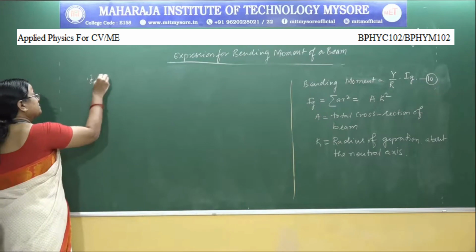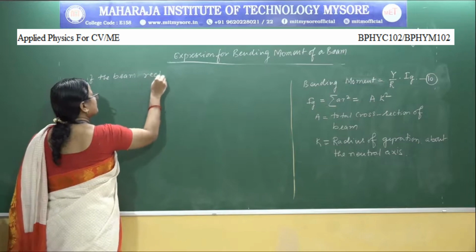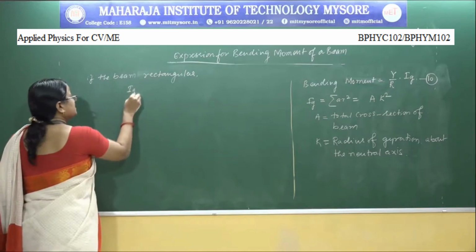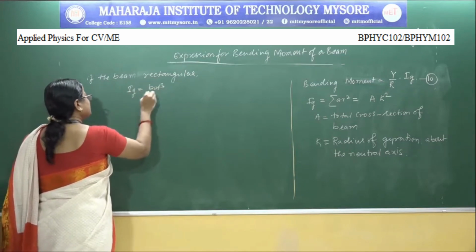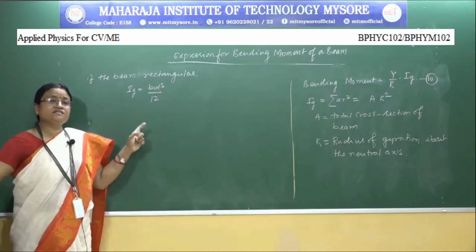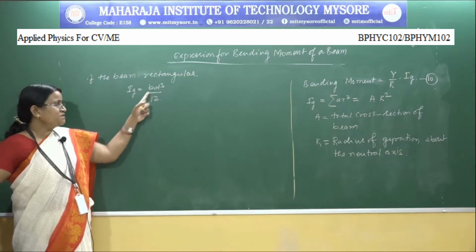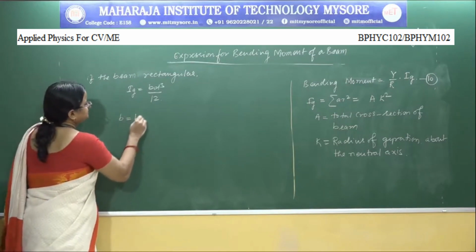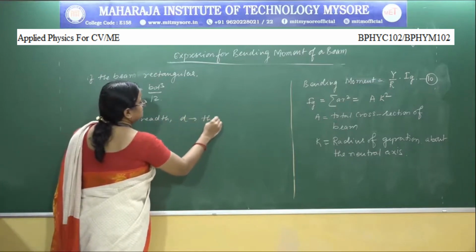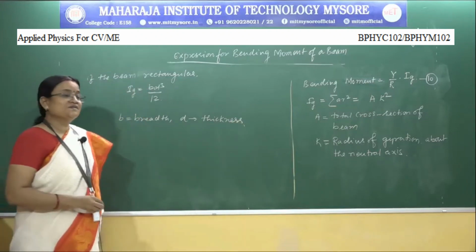If the beam is rectangular, then Ig is equal to B D cube by 12, where B is breadth and D is the thickness of the beam.